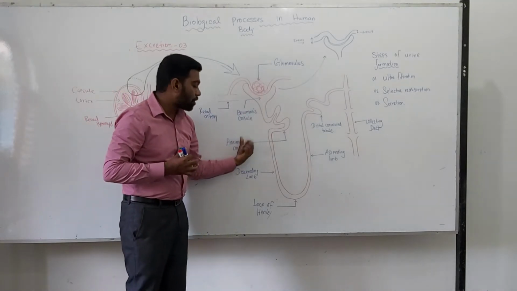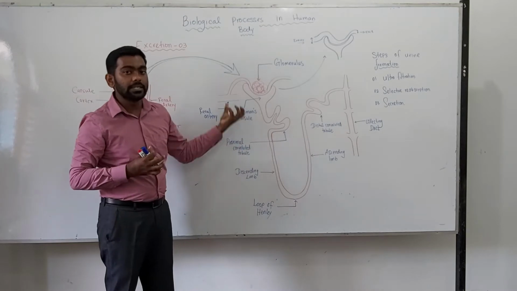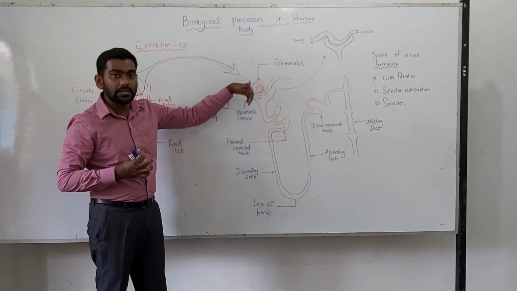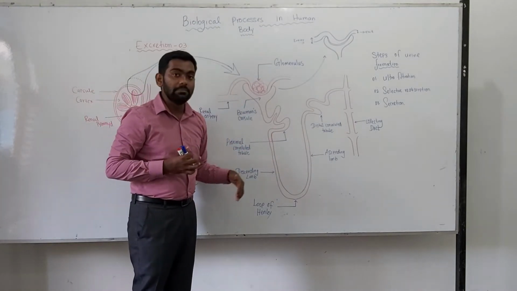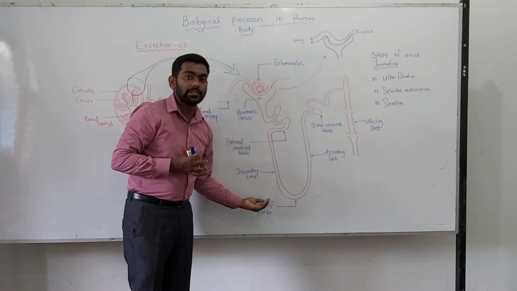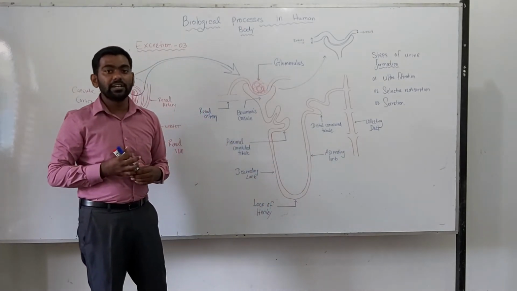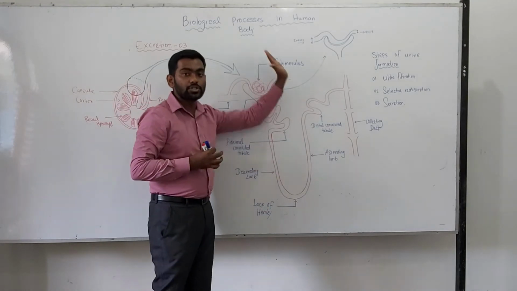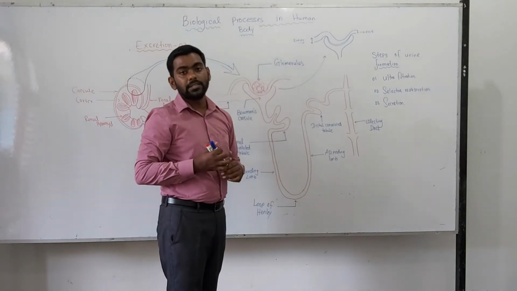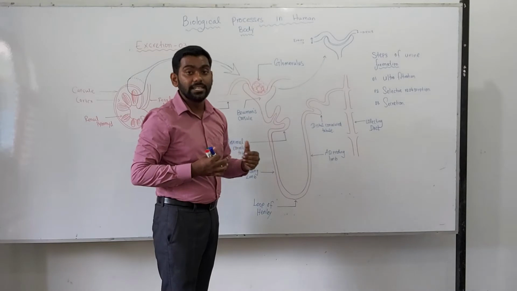The first one is the proximal convoluted tubule, connected to the base part, and it lengthens into the descending limb, takes a U-turn, the loop of Henle, and again the tubular structure goes up, and that is known as the ascending limb.